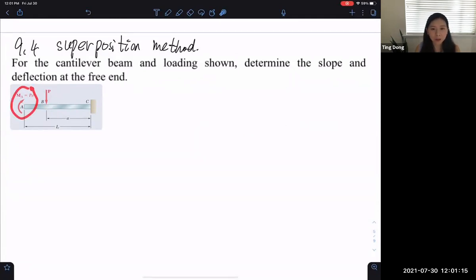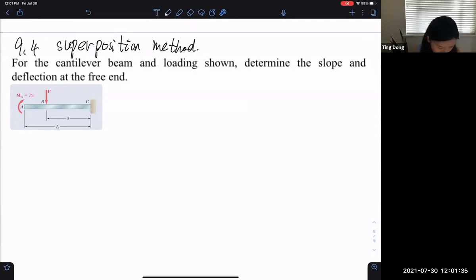And then in the end, we add the deflection and slope caused by the two loading conditions together, and that is the deflection and slope of the combined loading. So that's why it's called superposition. We separate the loads, and we add them together in the end.